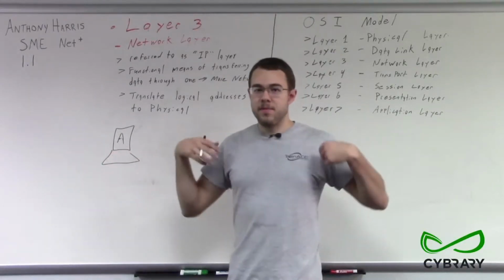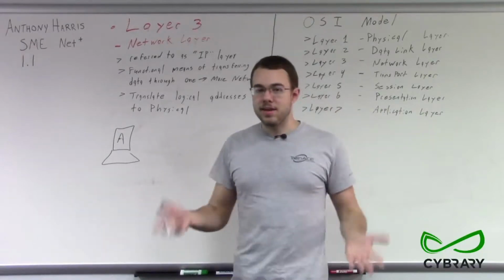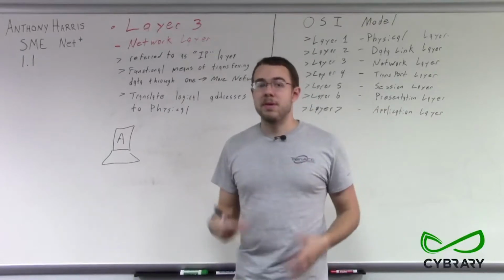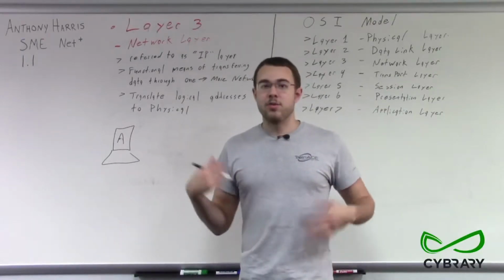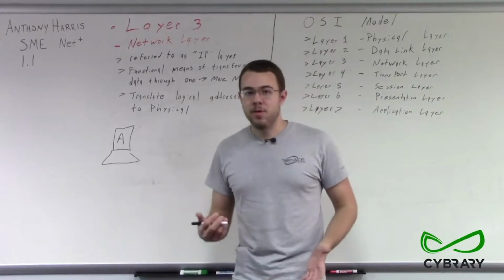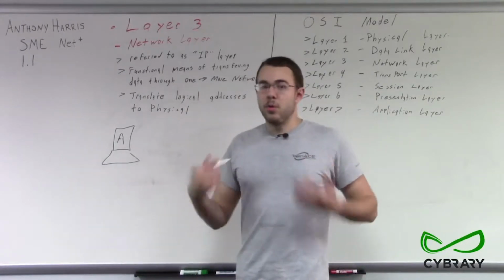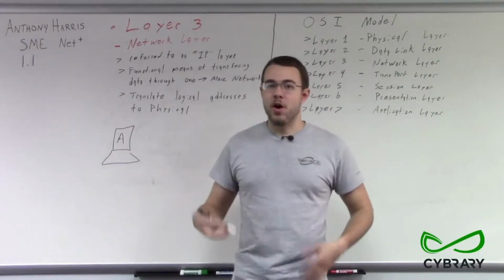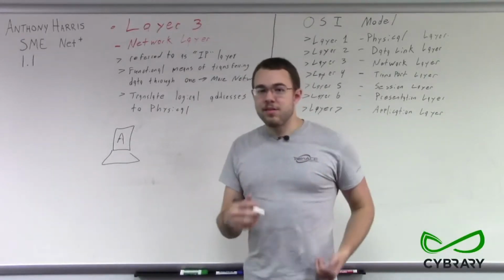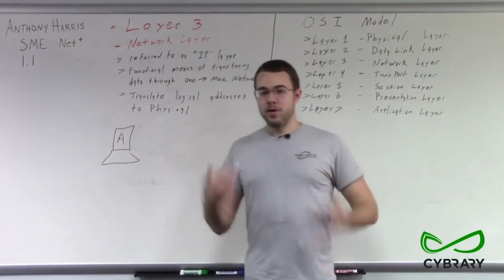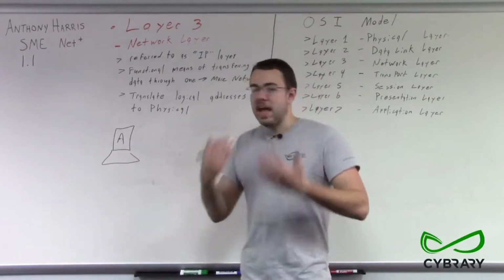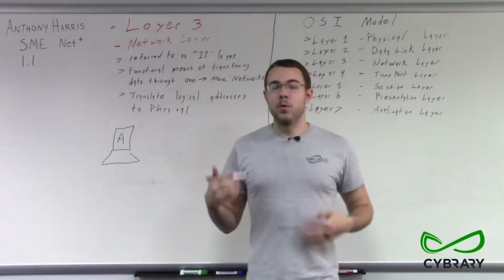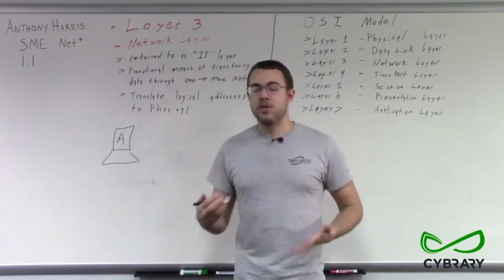It's going to take the packets that it needs to send, and it's going to break them down into data that can be transported over physical means. So it's going to break them down into electrical impulses. These electrical impulses are then going to be sent out over our network interface card over a cable. All of these parts of our network connectivity, all of these cables, all of these bits, and all of these electrical impulses are going to be layer 1, the physical layer.